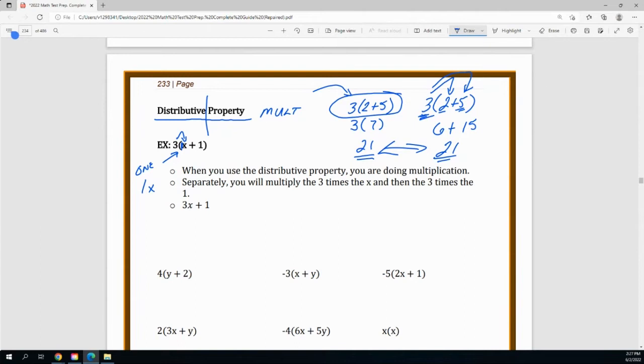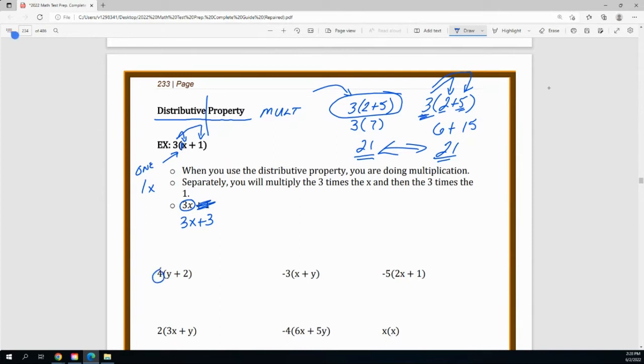So what you can say is 3 times 1x is 3x. That's why it's written here. And then you would take the 3 and multiply it times the 1. 3 times 1 is 3. So 3x plus 3.